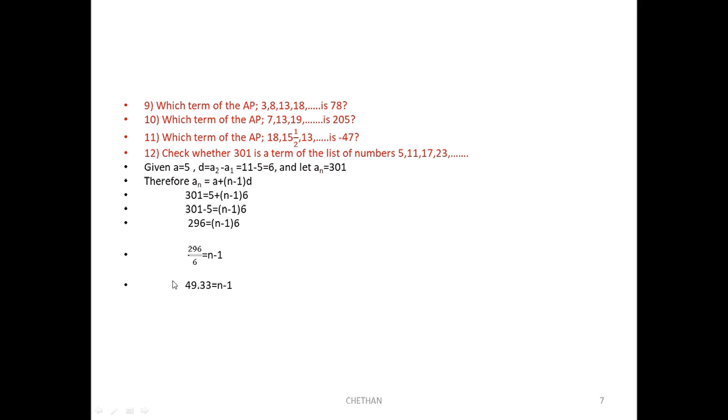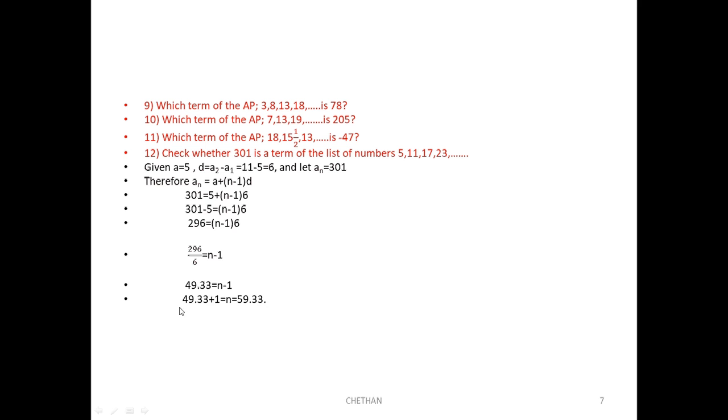I already told you that we need the n value as a perfect positive integer. In place of this 49.3 we need 49 or 50. If we get fractions or decimals like this, that means 301 is not a term of this AP.